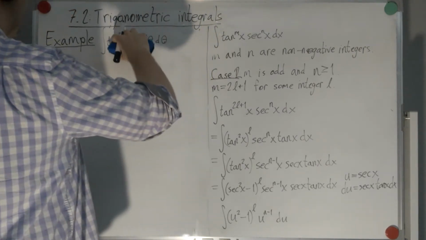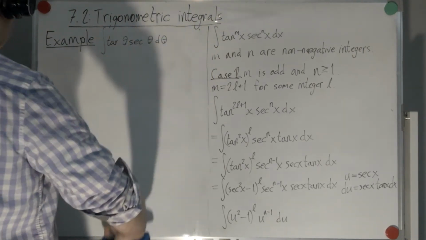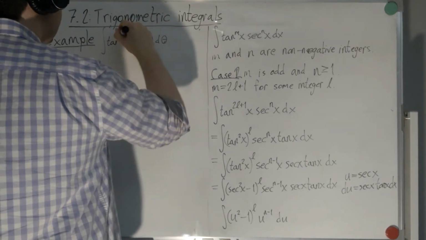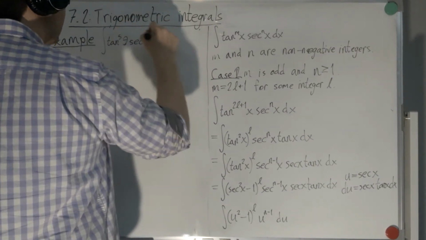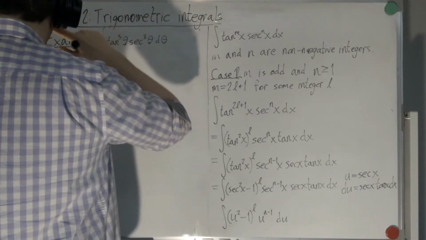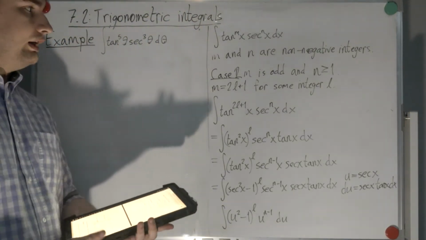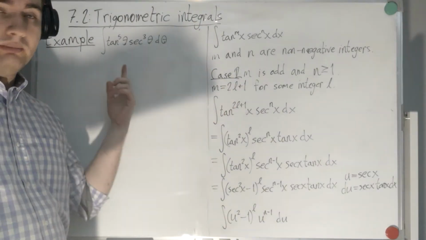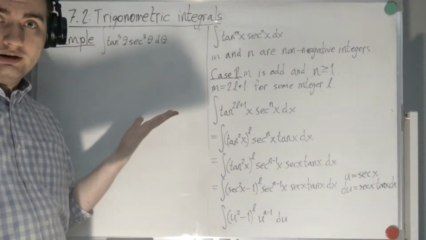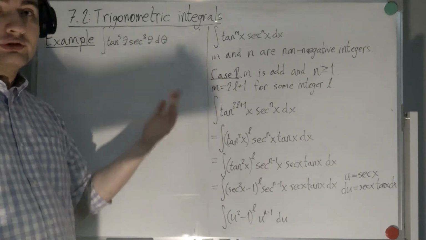Right, so then what we're going to have here is tangent to the fifth x times secant to the third x dx. Okay, and this falls into our case 2 because m, which is 5, is odd, and n, which is 3, is greater than or equal to 1.